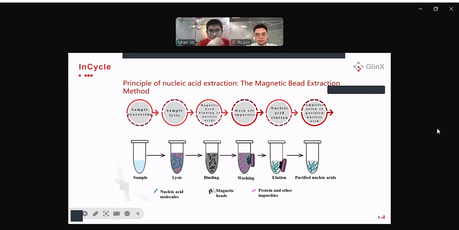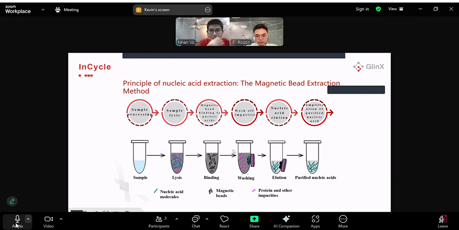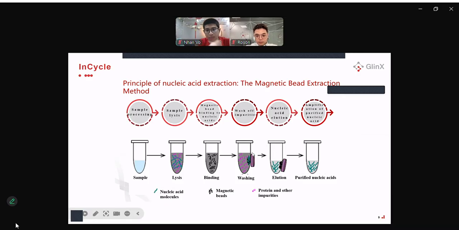The magnetic beads will bind together with the nucleic acids and absorb the target nucleic acids. And when we use another magnet to attract the magnetic beads binding the target nucleic acids, we can wash off the impurities.